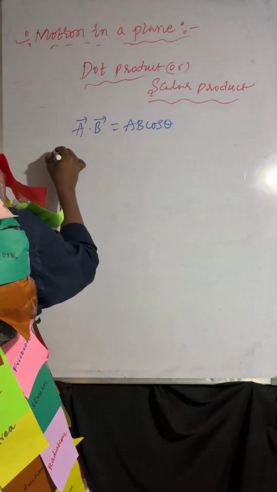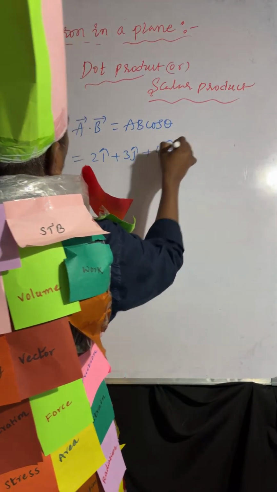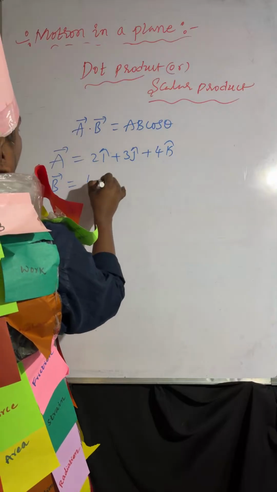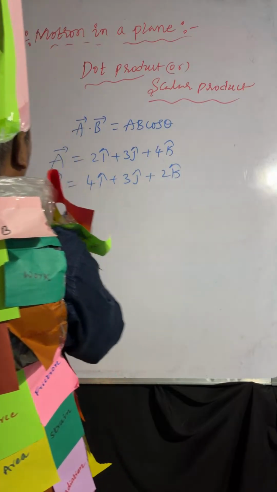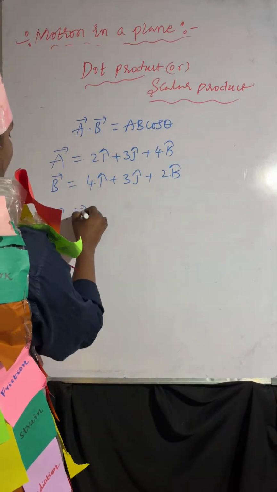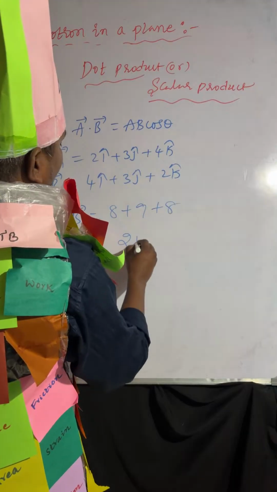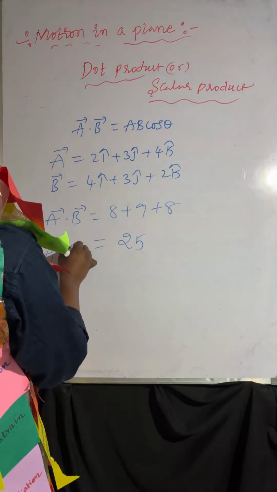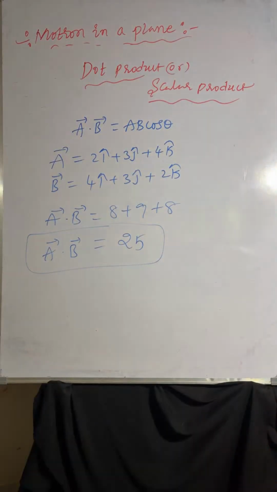Suppose a bar equals 2i cap plus 3j cap plus 4k cap and b bar equals 4i cap plus 3j cap plus 2k cap. To find the dot product: 8 plus 9 plus 8, that is 25. So you got a scalar, only a value, that is 25.